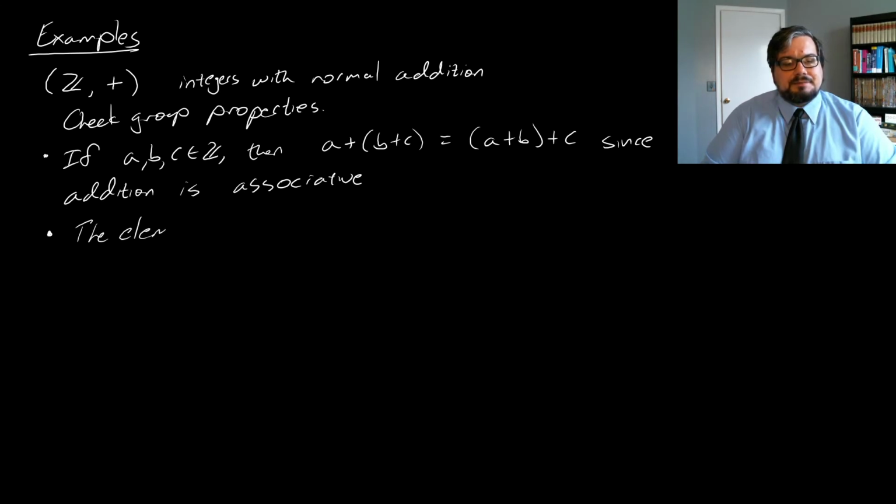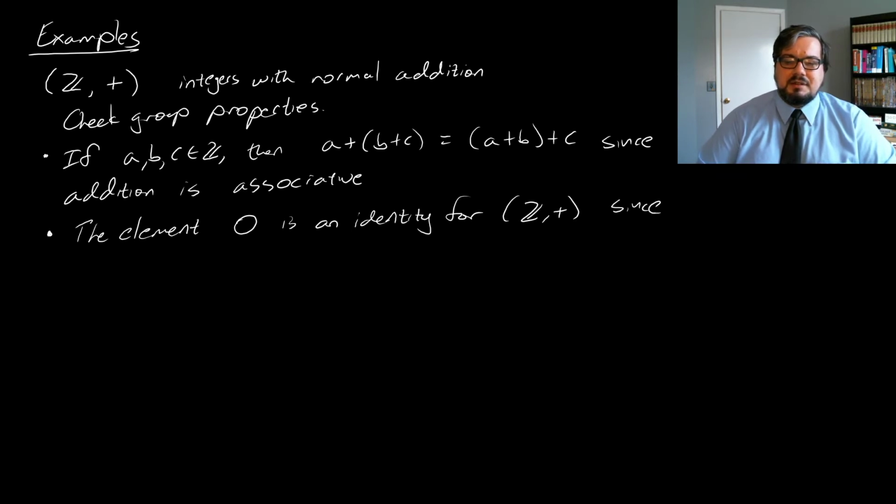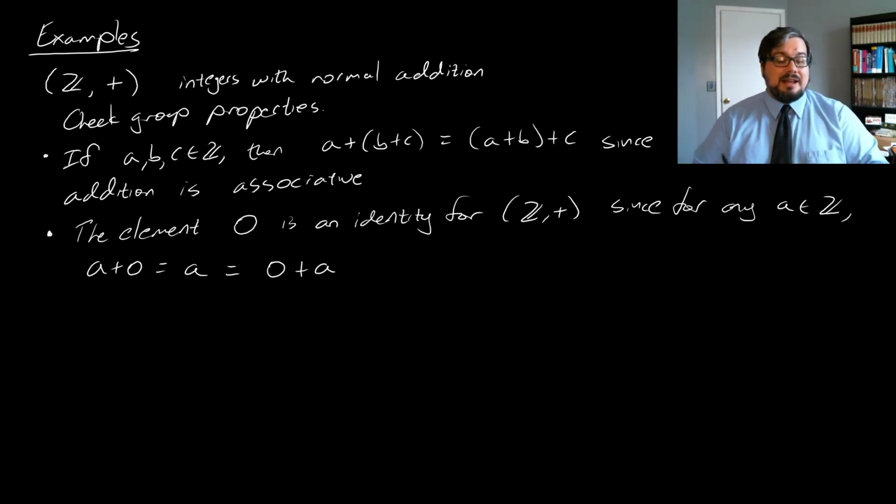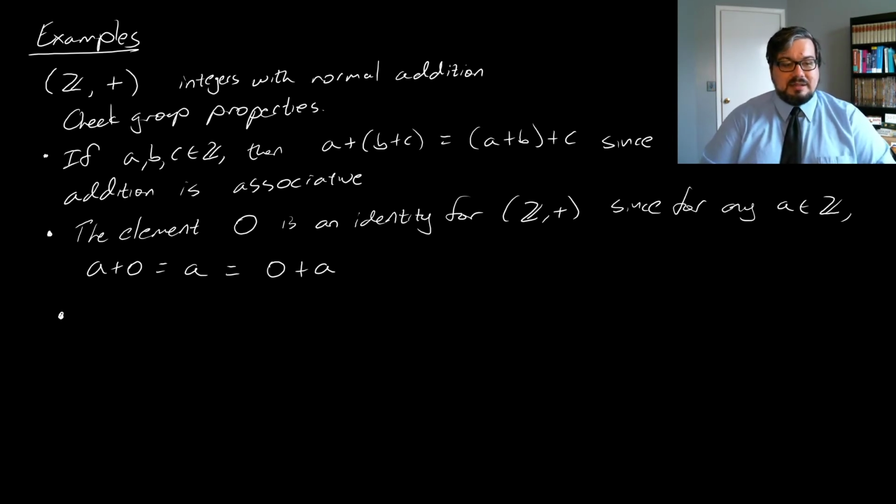The element 0 is an identity for Z under addition, since for any integer a, a + 0 equals a, and we also know that 0 + a equals a. We know that adding 0 to any element doesn't change it, and so that means that 0 is an identity for the integers with addition.